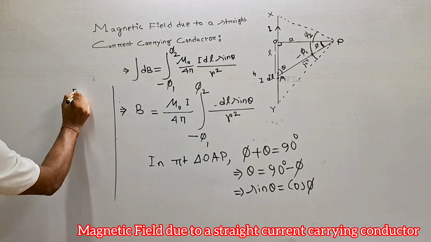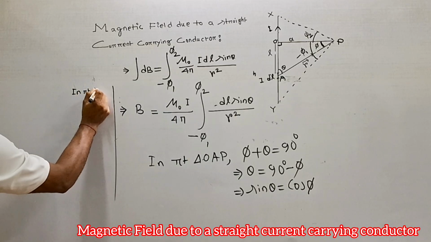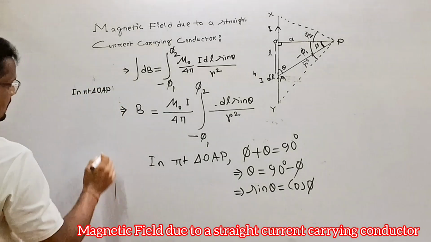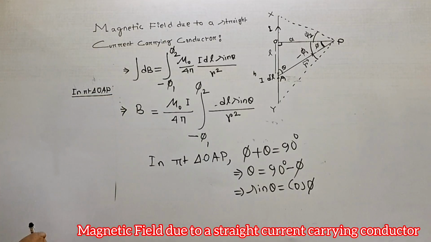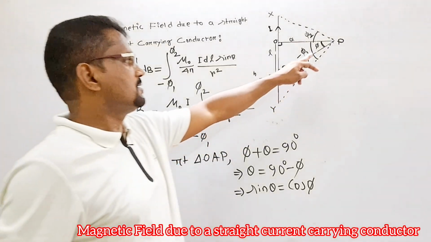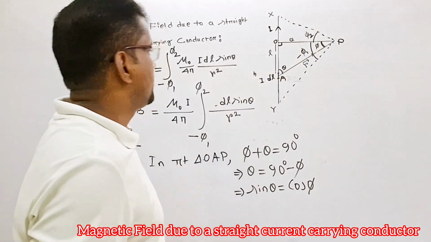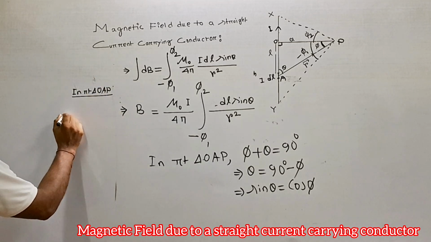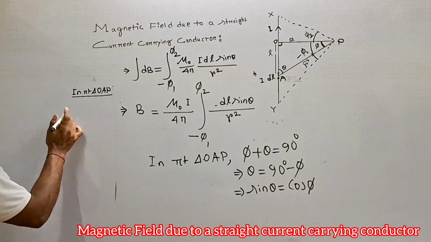So in right triangle OAP, this is your phi.